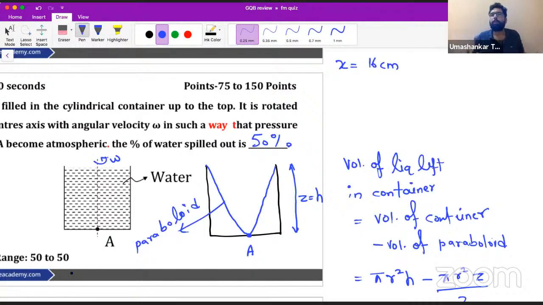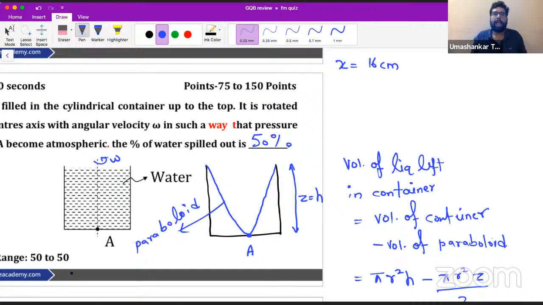Atmospheric pressure at some point means there is no liquid over it, only air. So for atmospheric pressure on A, the paraboloid should be formed in a way that there is no liquid on the point above A.